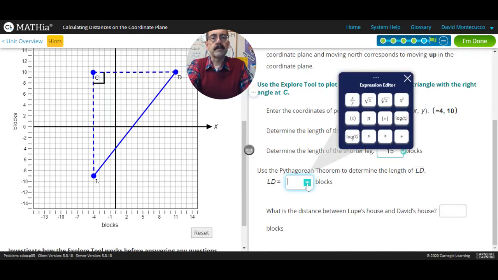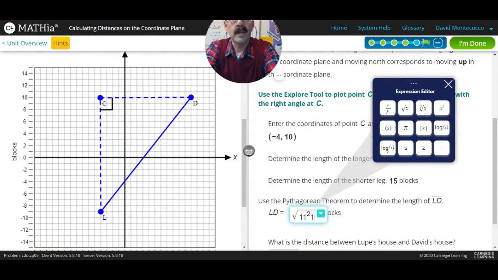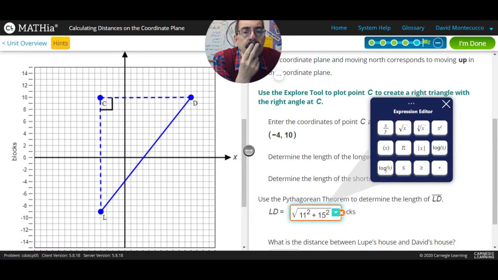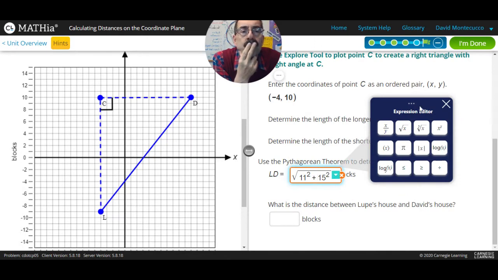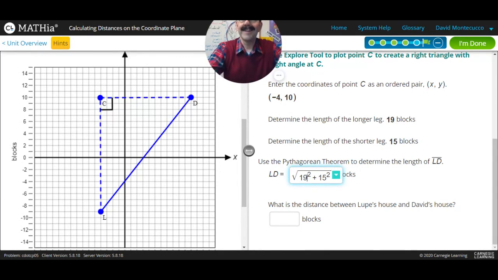So we're going to click on square root. 11 shift squared plus 15 shift squared, but somehow our plus sign is missing, so we got to stick that in there. There we go. Plus, enter. Oh, 19. Oops, 19.